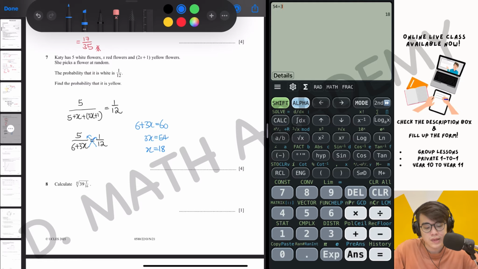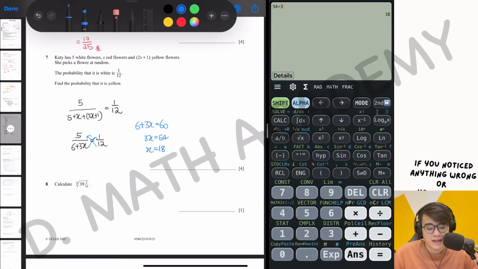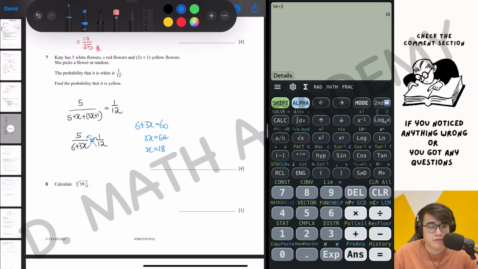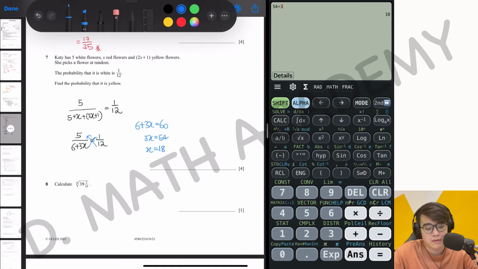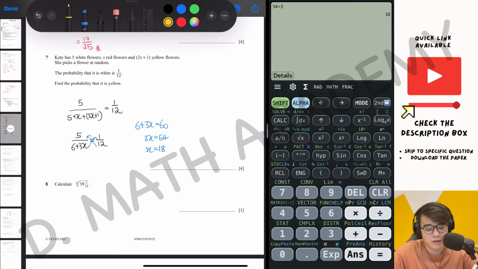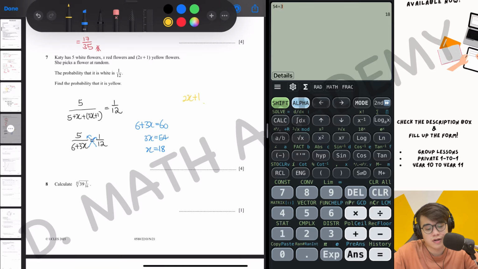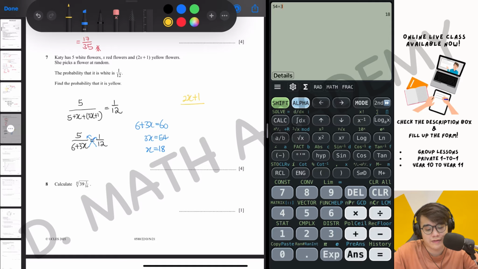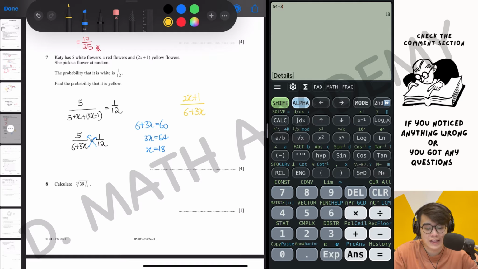So ultimately they are not asking us to identify 18 here. They wanted us to find the probability of yellow flowers. So to get to yellow flowers, it is actually 2x plus 1. And the denominator of it, from what we identified, was 6 plus 3x. So we have to update the x that we identified.